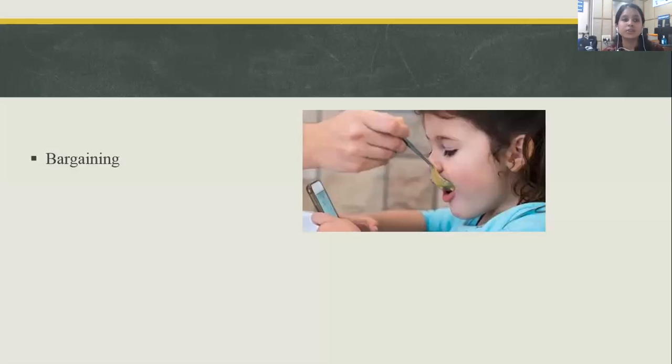Okay, now you don't cry, you will get a phone. You eat, you will get a phone. So naturally, the reaction is now reversed, because once the child starts picking up that, okay, if I eat food or I stop crying, I will get a phone, the reaction from the child's end is reversed. So only if I get the phone, I will eat the food. So that is how it starts changing.